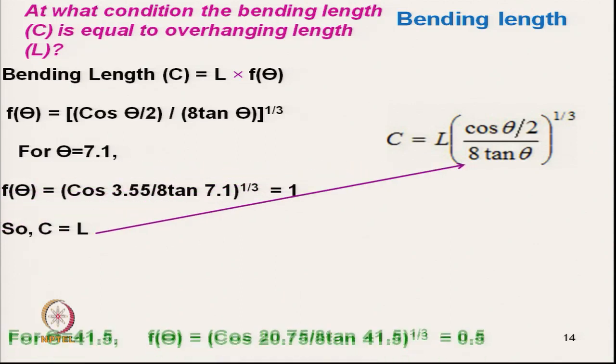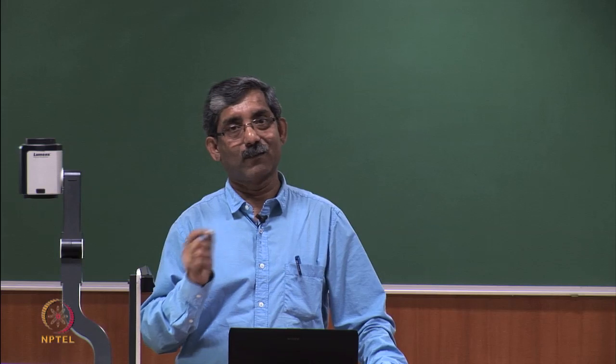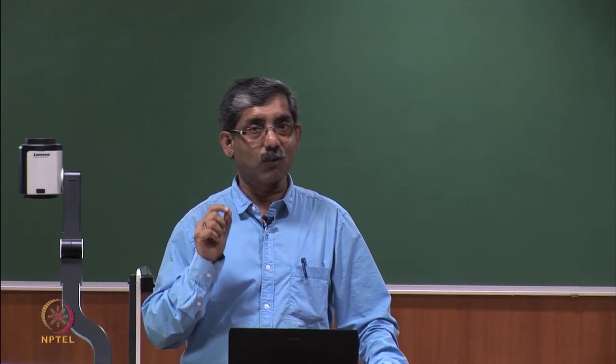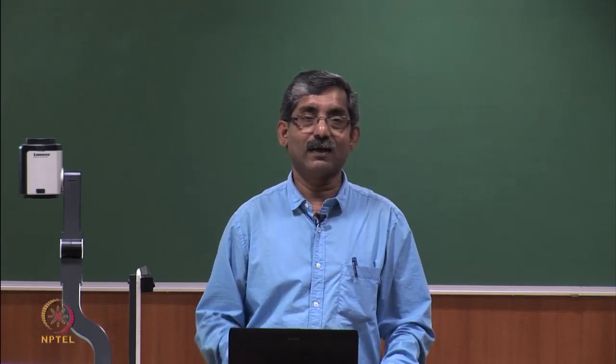For theta equal to 41.5 degree we get the function of theta equal to 0.5. Ideally the function of theta should be 1, and then we can directly use the overhanging length equal to c. But as I have mentioned, most fabric samples are stiff in nature, and 7.1 degree is a very small angle, so it is very difficult to measure exactly correctly.